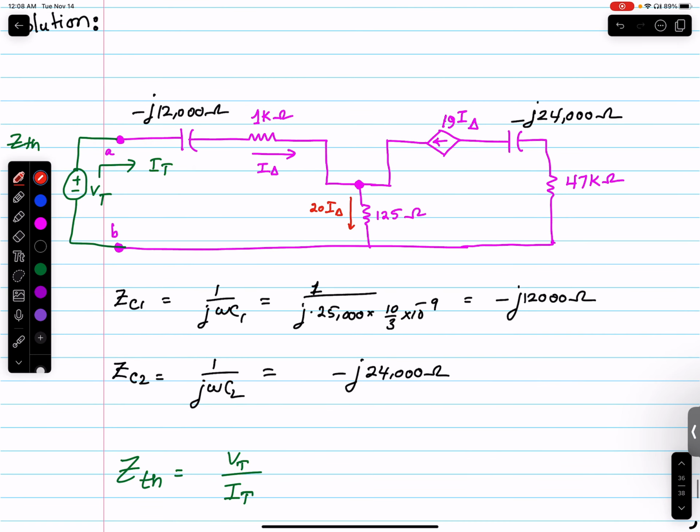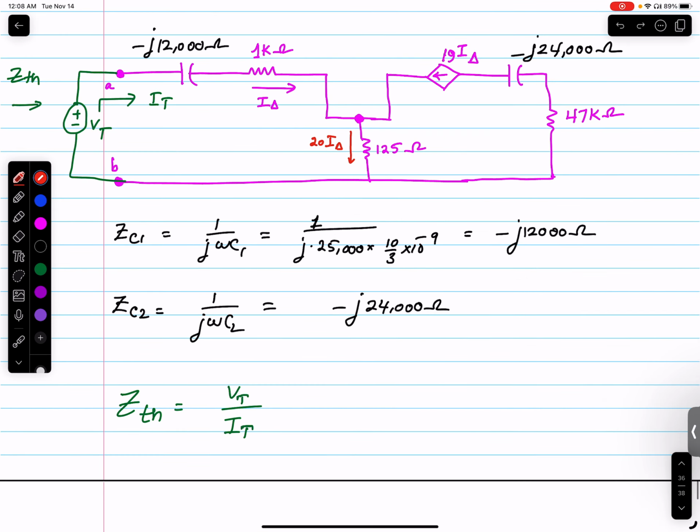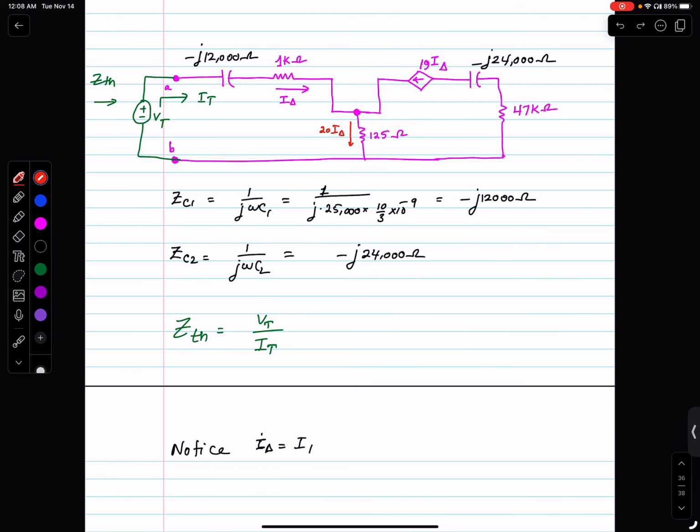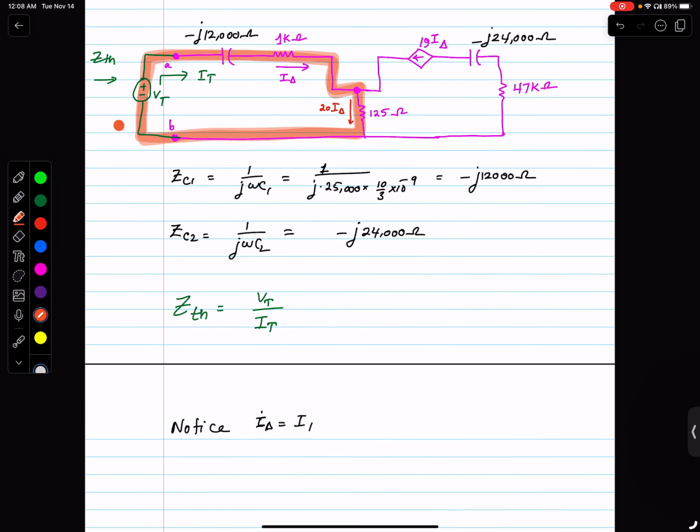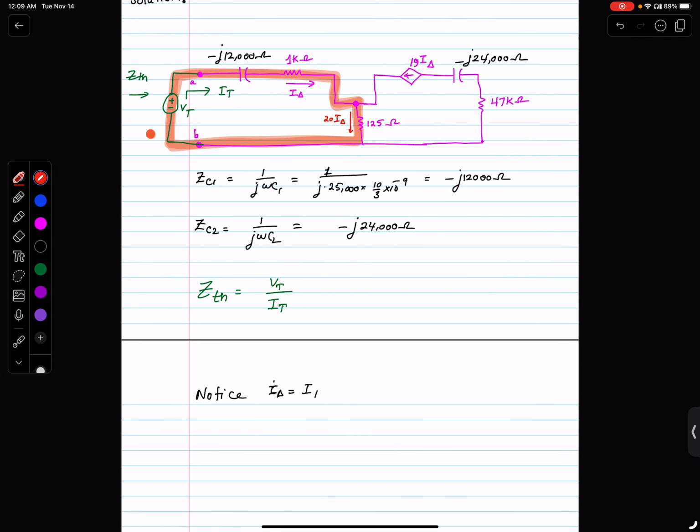Okay, because there is I delta coming in here, 19 I delta coming in there. Now we are ready to write KCL around this loop. Look at this loop, it is this color. Can we write KCL in that loop? Sure, we can. Let's start at the bottom left corner. I'm going to call this loop 1.